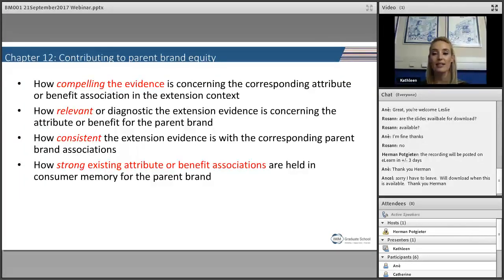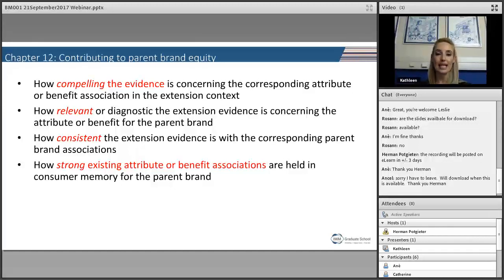Also looking at favorability, hopefully the parent brand is viewed favorably by the target market for the extension. And in terms of uniqueness, hopefully the differentiation that the parent original brand has is also transferred to the extension.